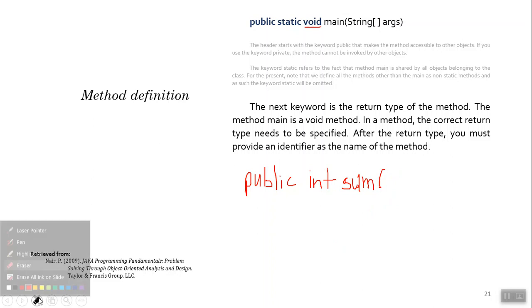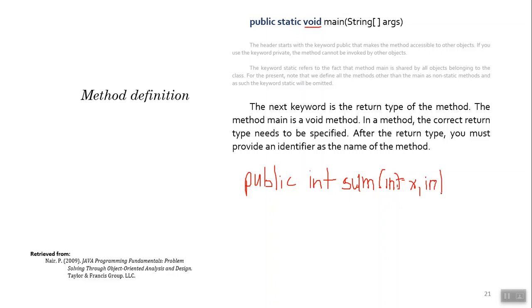Those numbers are of type int: int x, and also int y. Let's say we have those variables.